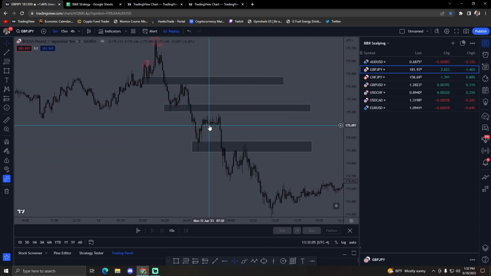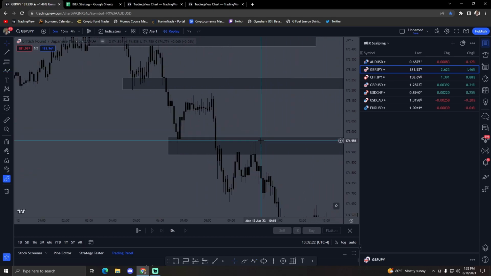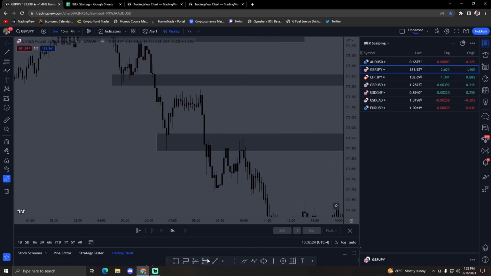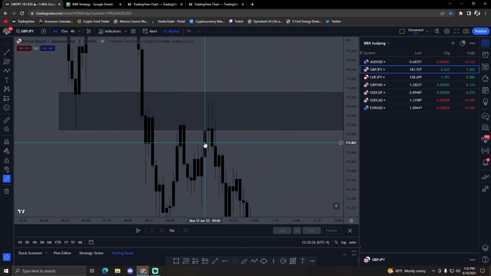So we had a nice support that formed here. I marked that up and waited for that break to happen. Price broke out, came back up, and retested the first time. I didn't like that entry, it really didn't give me anything, so I just waited. Price then came back up again and rejected 3 times before going down. I entered off the second rejection candle, right on this candle closure.